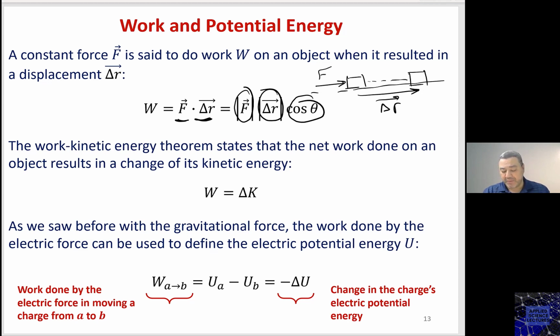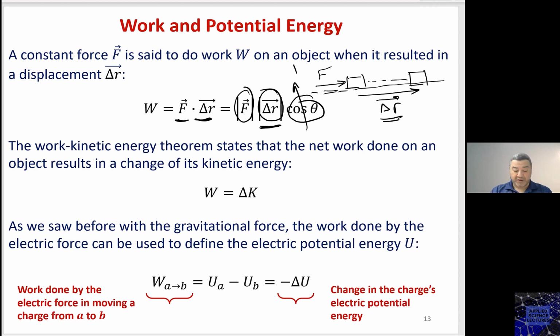For example, in my case here, the angle between delta r and F is zero because they overlap, which means that cosine zero is 1, and this is the work done by the force F on this object that has moved with a displacement vector of delta r.